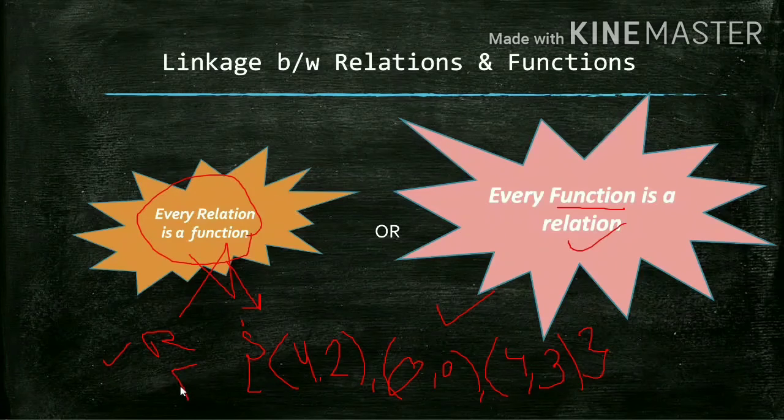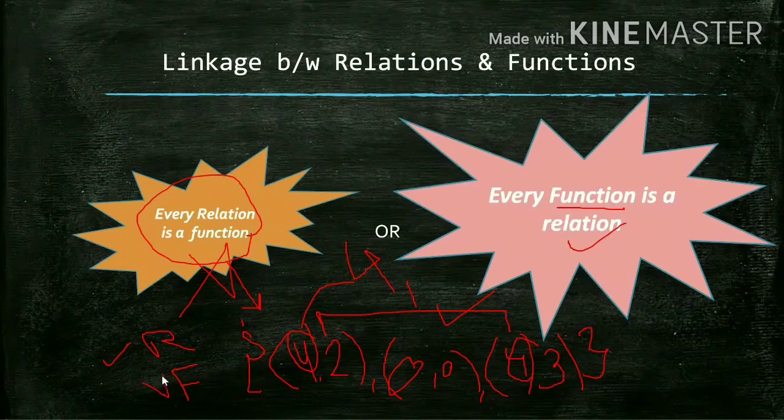Now, whether it is a function or not. Earlier I told you to just consider any two pairs. So if I just pick up these two pairs, 4, 3 and 4, 2, both are distinct. That means different ordered pairs. But their first component is the same. This 4, I'm having the same first component.